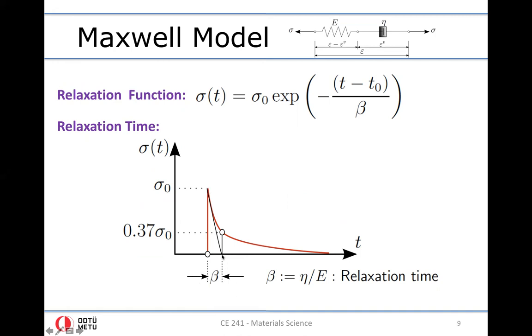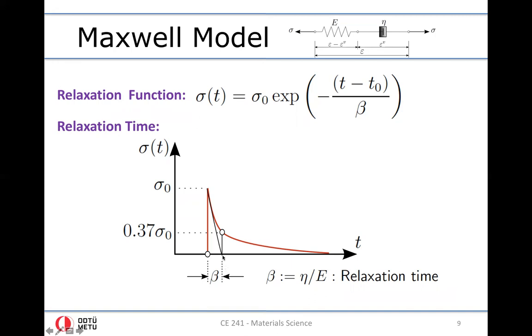In other words, this intersection point minus t0 is nothing but the relaxation time, which you can prove by taking the derivative of stress with respect to time, obtaining the slope of this tangent, and dividing the stress value by that slope, and you should get what we call the relaxation time.